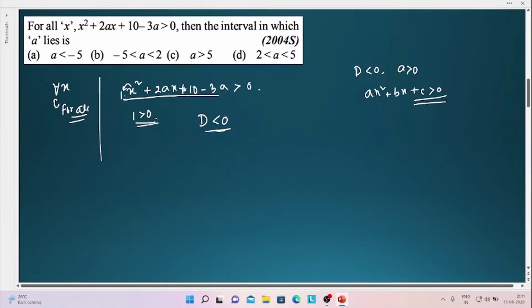For which that particular quadratic expression will be greater than 0. So can you please try to solve what the discriminant will be by your own? Let me wait for a few seconds so that you may solve it on your own, right?